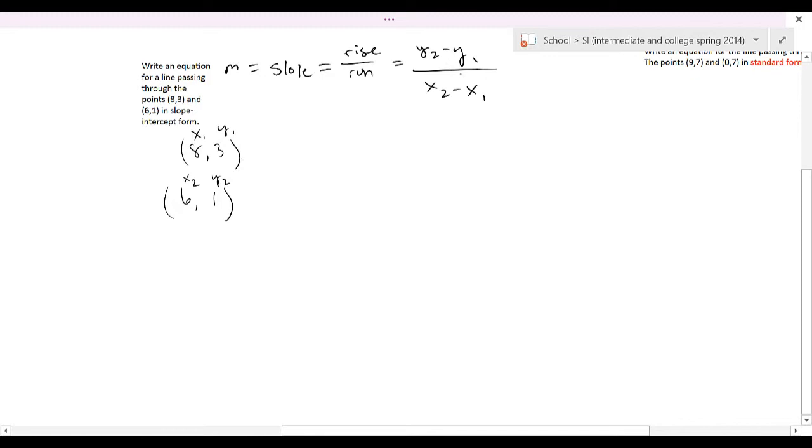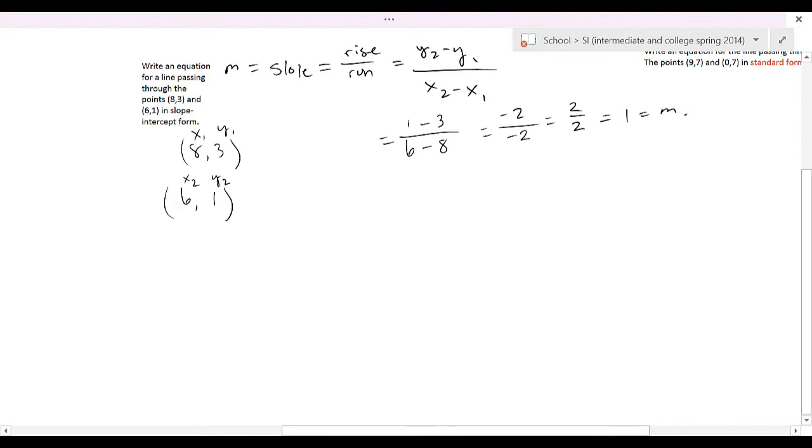So using the formula, y2 is 1, so I've got 1 minus y1, which is 3, over x2, which is 6, minus x1, which is 8. So 1 minus 3 is negative 2, and 6 minus 8 is negative 2. So my slope is equal to negative 2 over negative 2, which is equal to 1. So that's my slope.